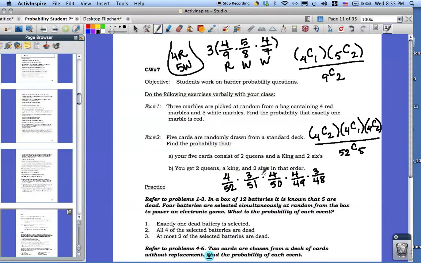That is the same thing as 4P2 times 4P1 times 4P2 over 52P5. And that's because order matters. So this would be 4P2 times 4P1 times 4P2 divided by 52P5. And that's part B.